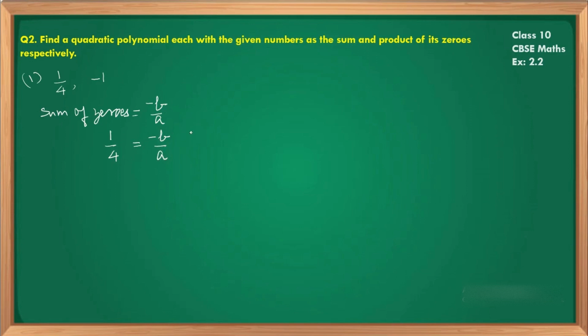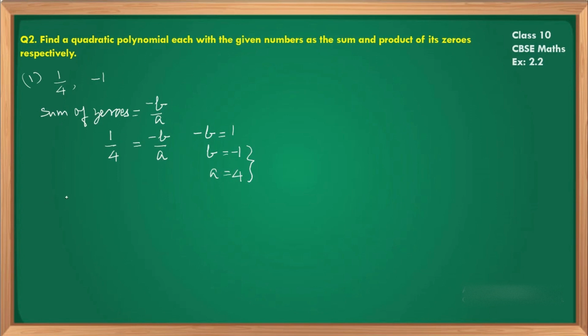Now the value of b, that is minus b, is equal to 1, or b is equal to minus 1. We shift minus to the other side, and a is equal to 4. These are the two values of b and a.